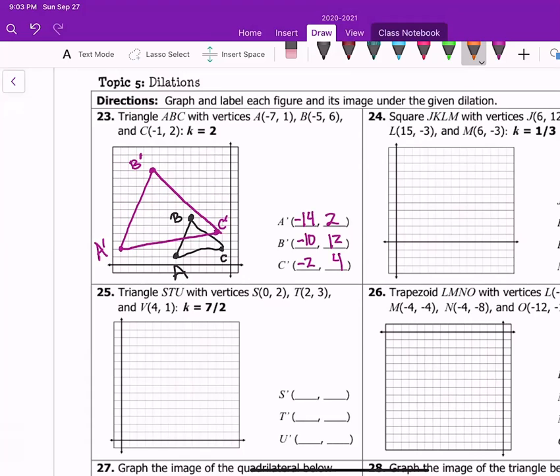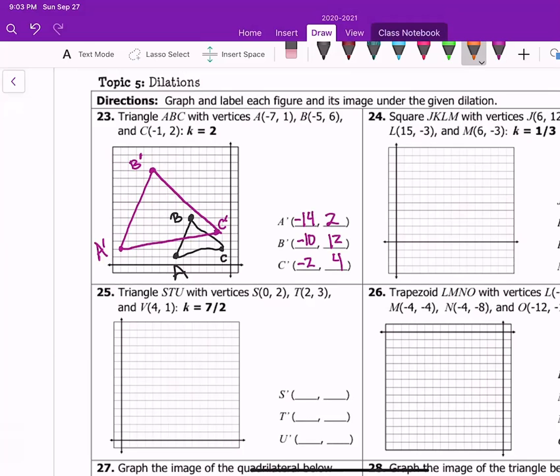And let's see, 15 divided by 3 is 5 again. And let's see, 3 divided by 3, right? So negative 3 divided by 3 is just negative 1. So these are nice and easy. And then 6 divided by 3 is 2. And negative 3 divided by 3 is just negative 1. So my numbers are here: 2, 4, 5, 4, 5, negative 1, 2, negative 1.